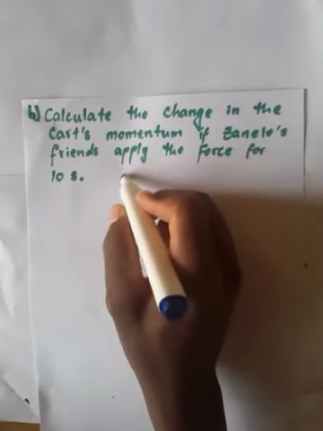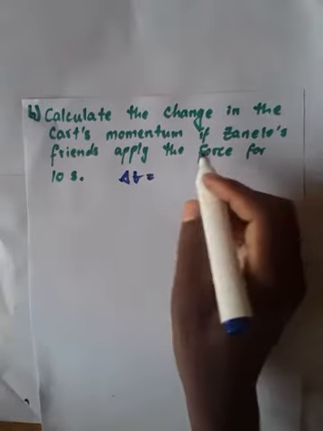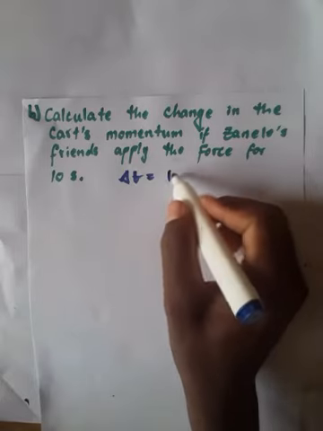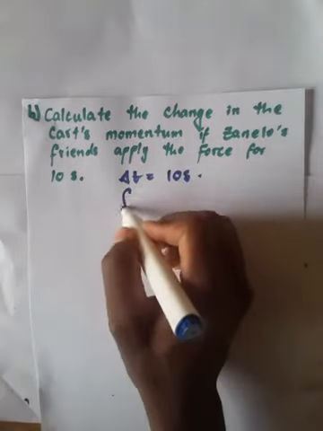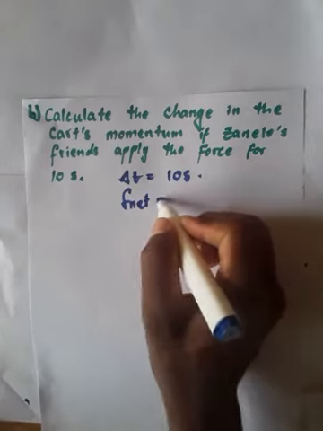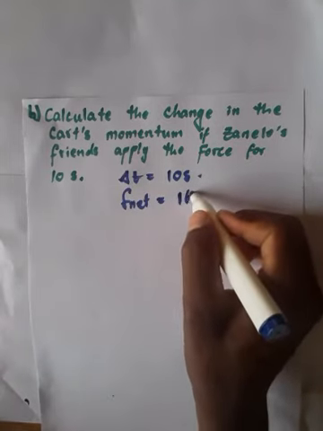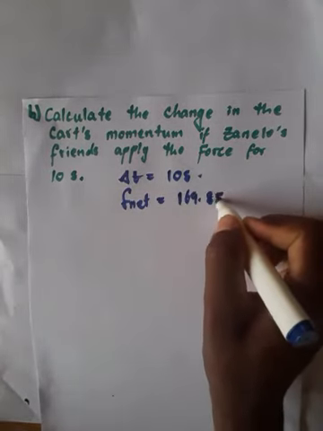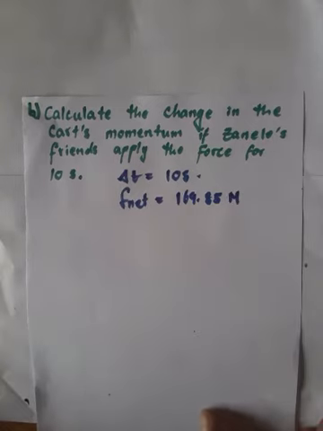So now we have a change in time. The change in time is given by 10 seconds, and the F net, we calculated, is 169.85 Newtons.